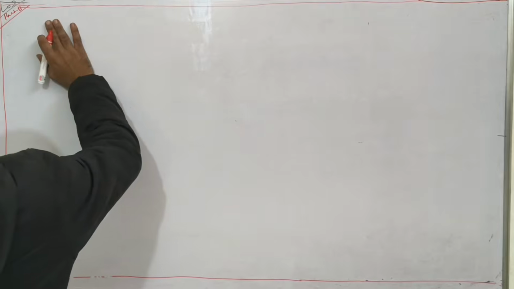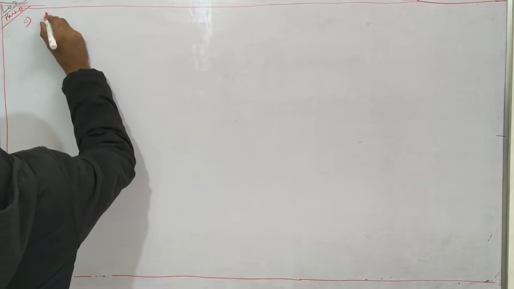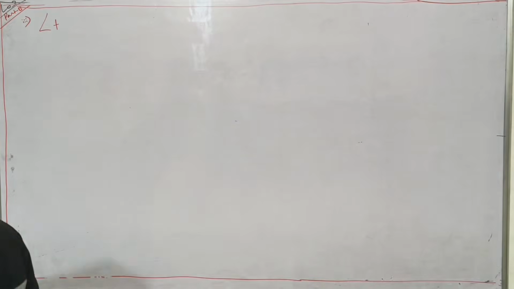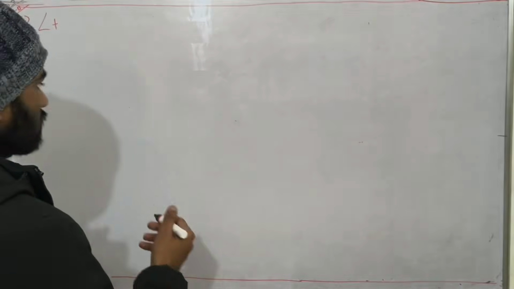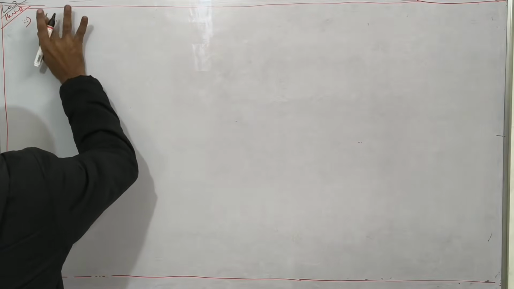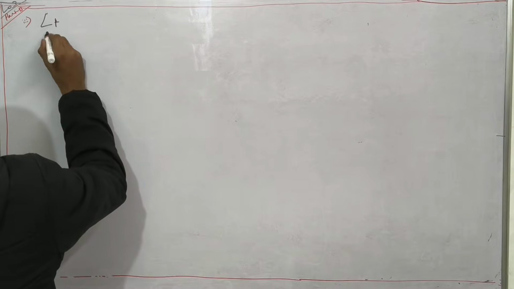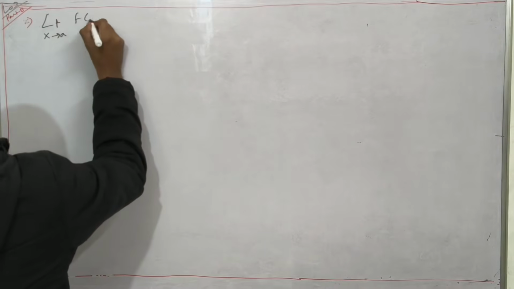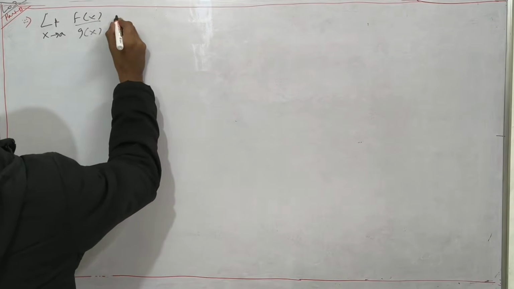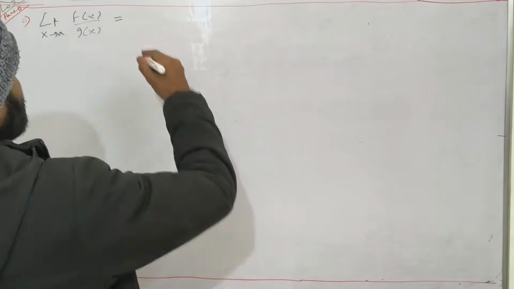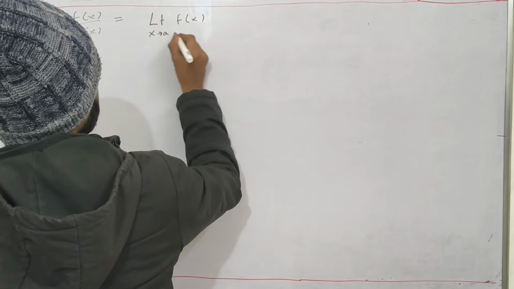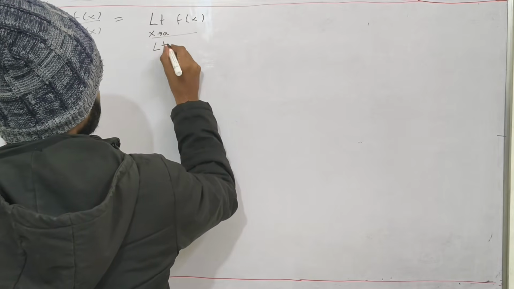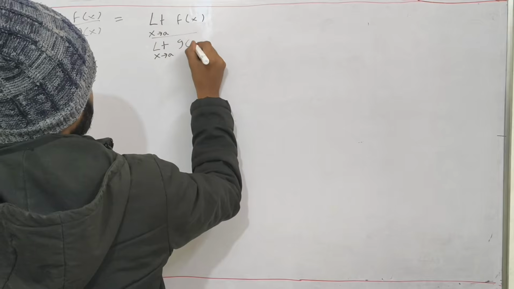At last we were talking about this formula, rule number 3: the limit as x tends to a of f(x)/g(x) equals the limit as x tends to a of f(x) divided by the limit as x tends to a of g(x).